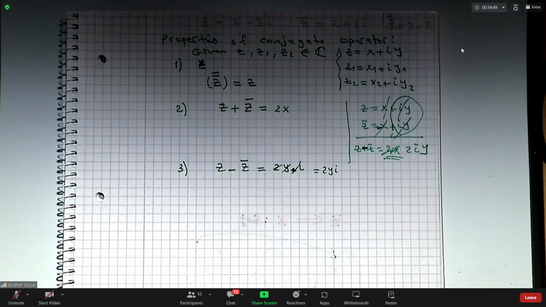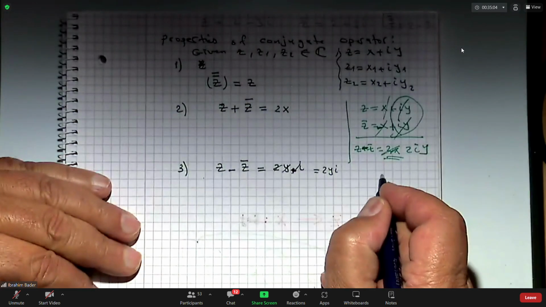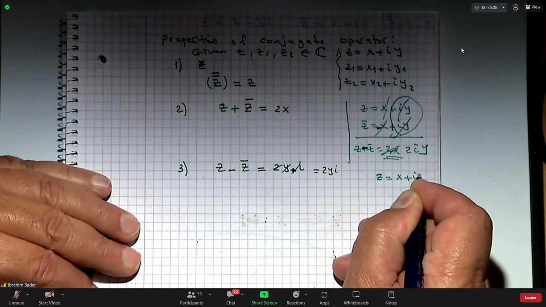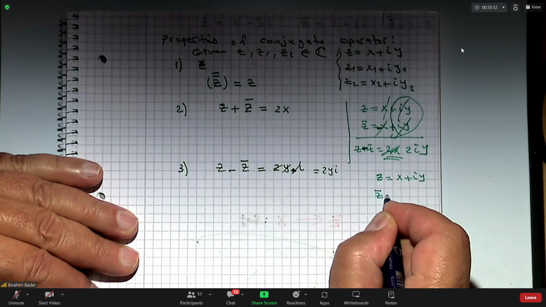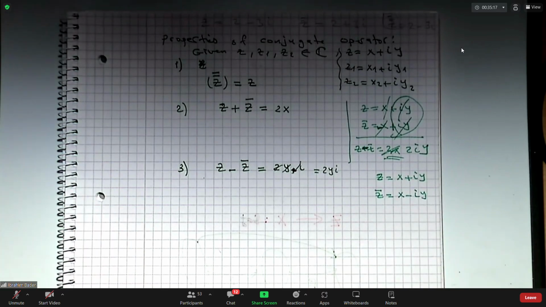Yeah, okay. You want us to do this for the negative? Okay, so z equals x plus iy is the original, right? Z conjugate is equal to x minus iy, right? Now let's subtract them.